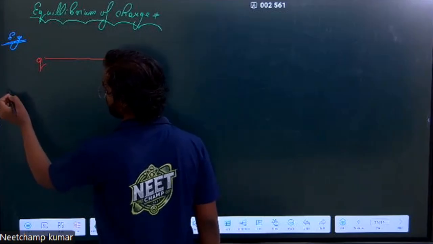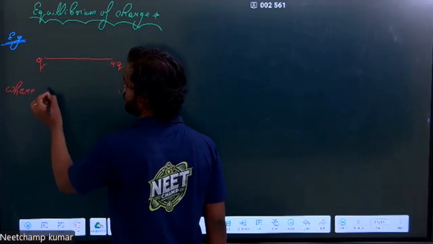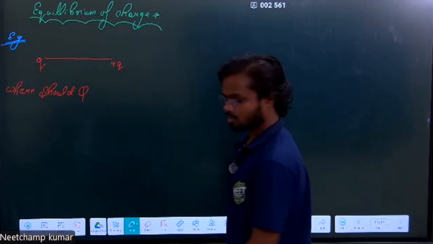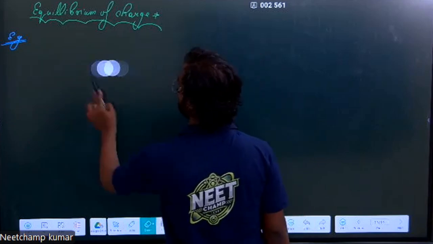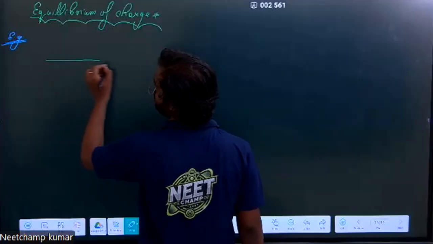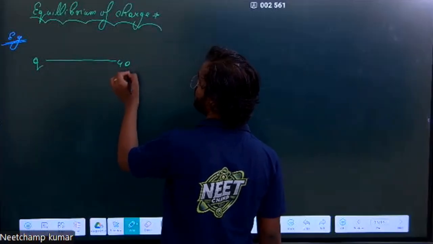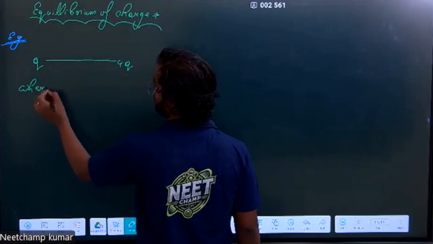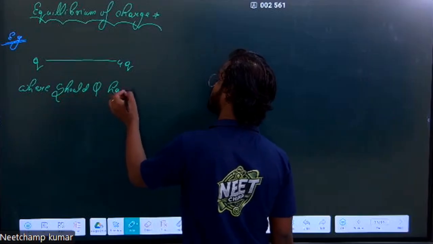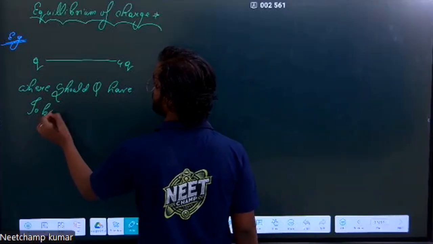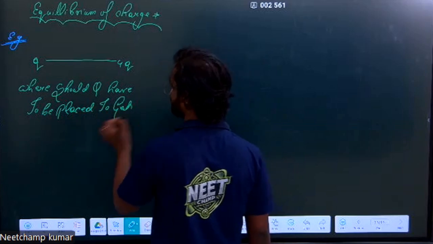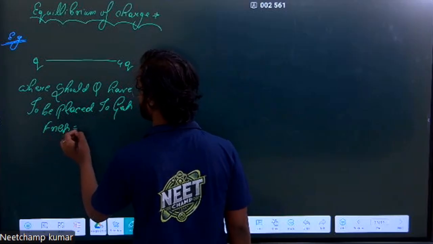My question is that where should capital Q have to be placed to get F net equal to 0?